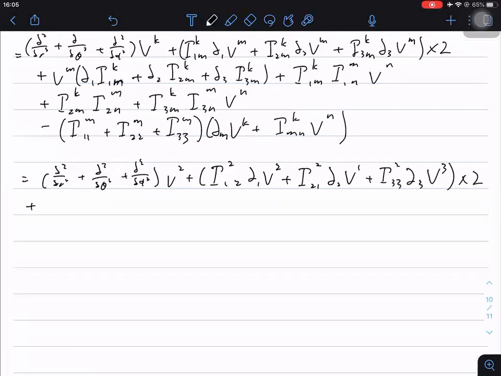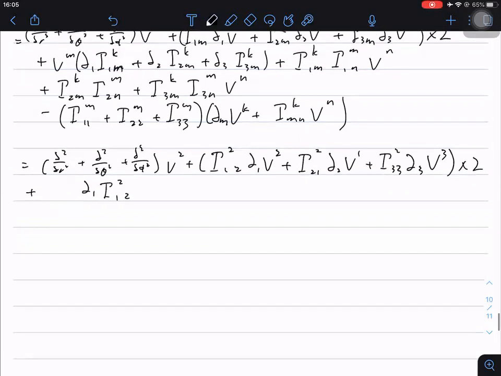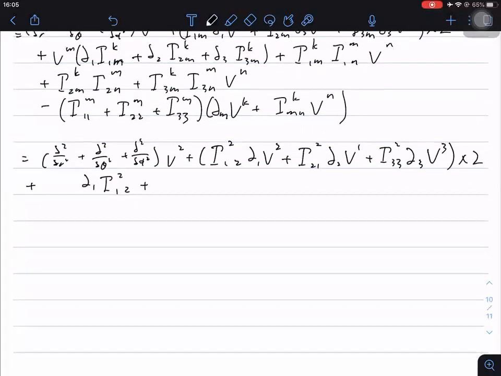Plus, okay, we have V2 here. Okay, not yet. But for 2, 1, 2, it should be 1 over R. So the derivative 1, 1 is non-zero. But for the next two terms, they are all zero.